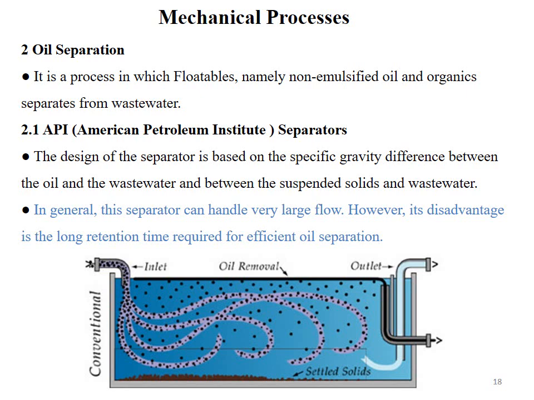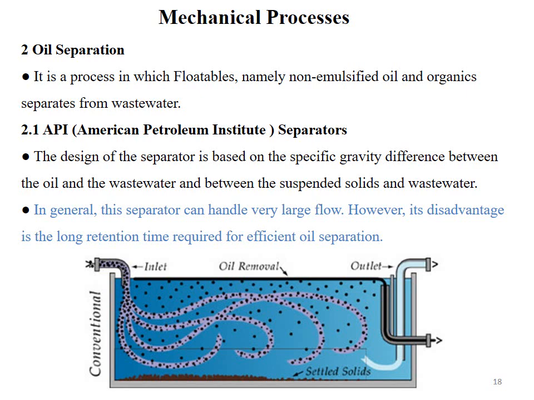The design of the separator is based on the specific gravity difference between the oil and the wastewater, and between the suspended solids and the wastewater. It means this is a process in which the suspended solid particles and the oil are removed from the wastewater simultaneously.